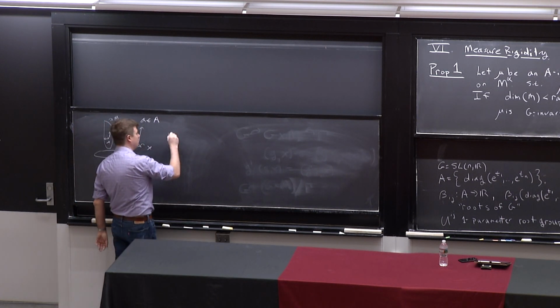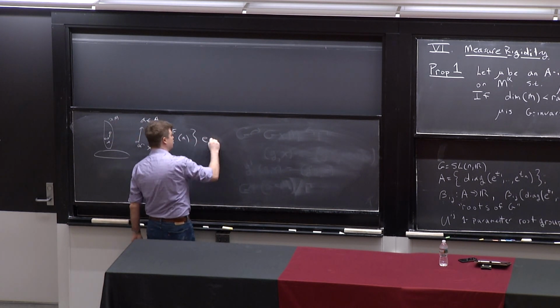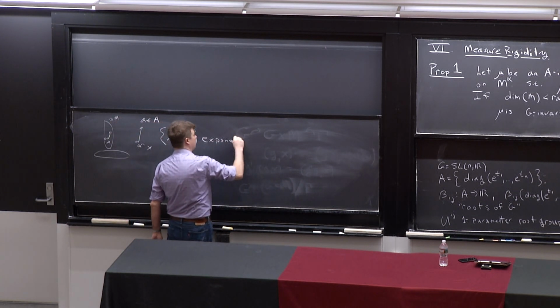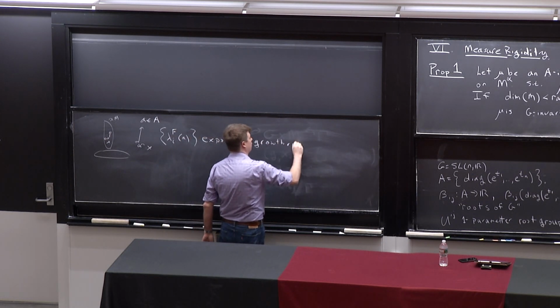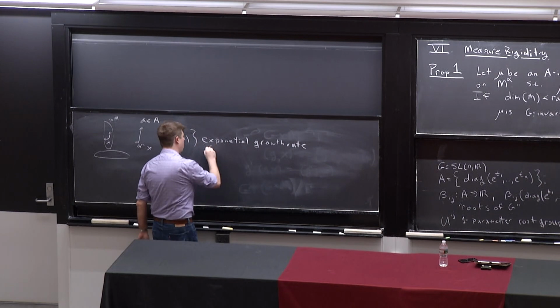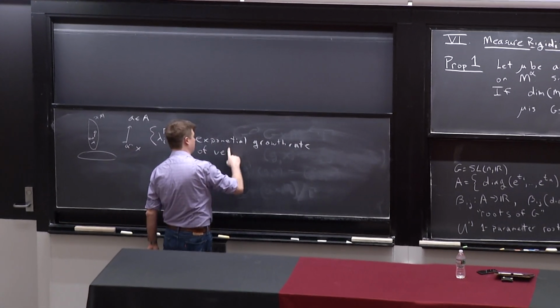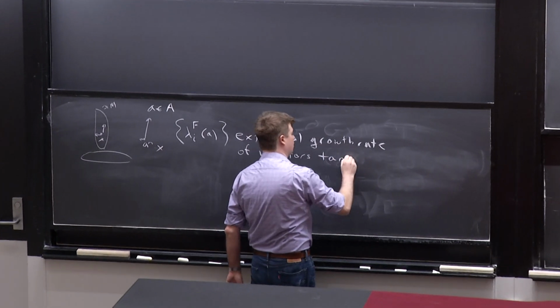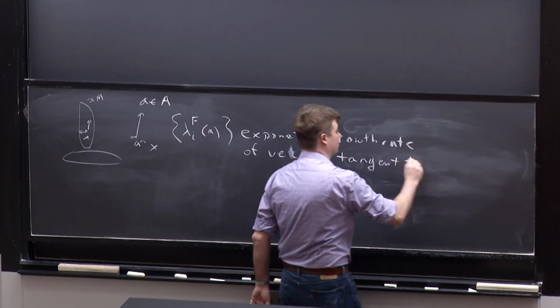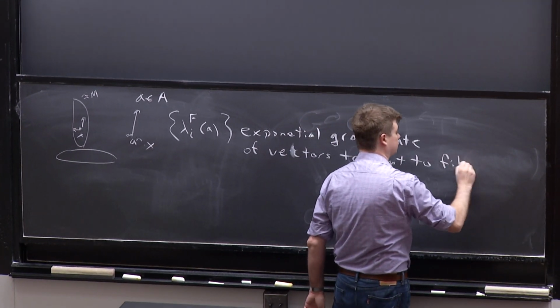And so lambda I f of A, this collection, is the exponential growth rate of vectors tangent to the fibers.